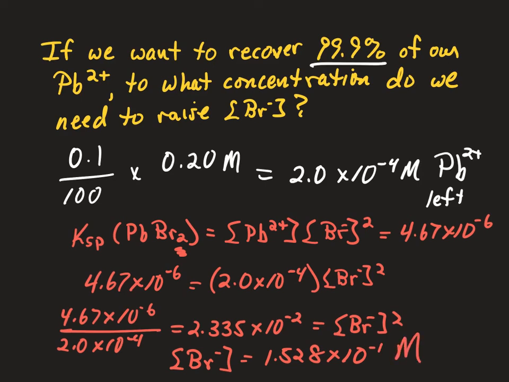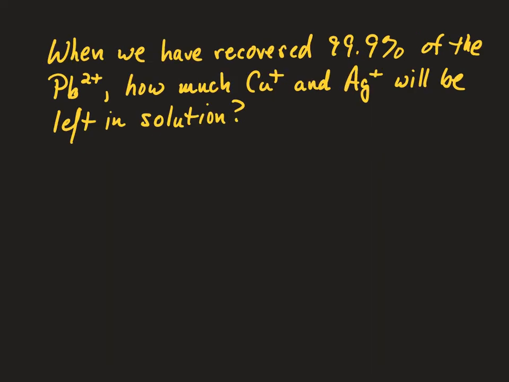Okay? So there's another thing we can do with this problem. We can just keep building on this same problem. I got one more thing I want to do. In that last problem, we talked about recovering 99.9% of our lead. And when we recovered 99.9% of our lead, the concentration of lead left would be 2.0 times 10 to the minus 4 molar.